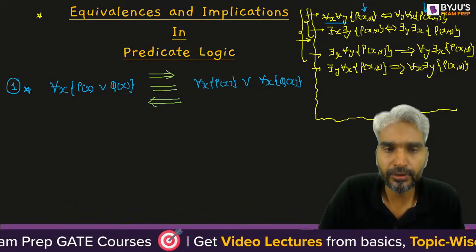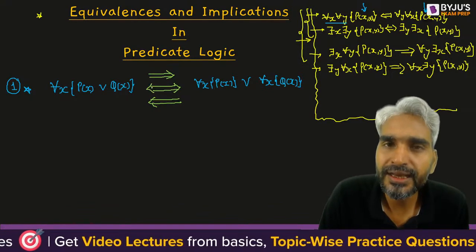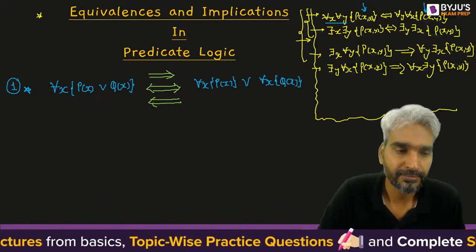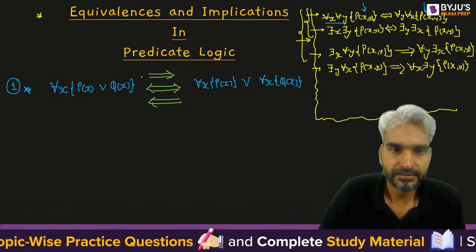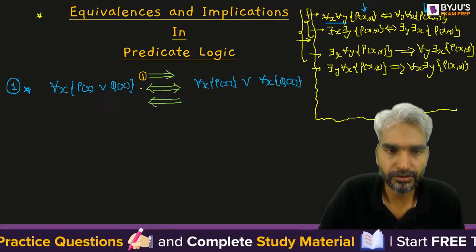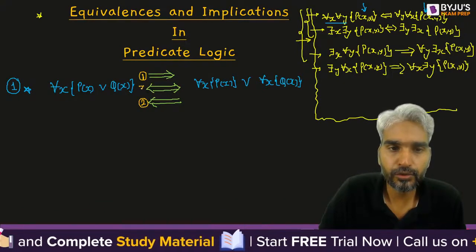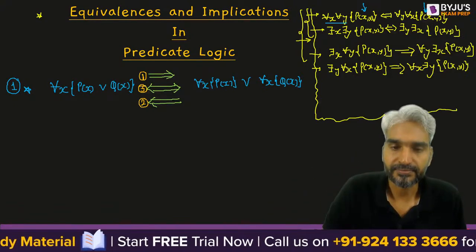So whether it is equivalent, or only LHS implies RHS, or only RHS implies LHS, or none of them is true, that's what we are going to check. These are the three things you need to check. One, whether it is true. Second, whether it is true. If both 1 and 2 are true, then the third will also be true. So that's the first thing, right?